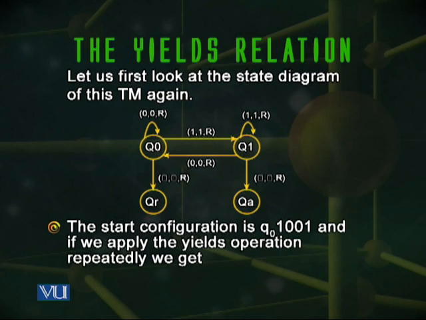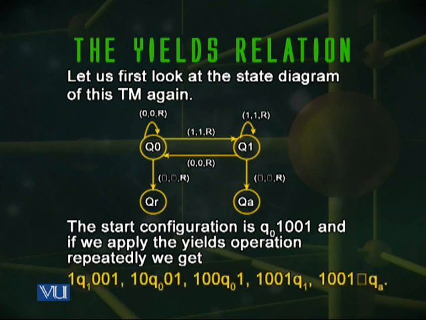Now, if we apply the yields operation repeatedly, what do we get? Well, let's see. Delta of q0, 1 is q1, 1, R, which means the machine is going to move right, and it's not going to change the symbol 1, but it's going to change its state to q1. So the new configuration is going to be 1 q1 001. After that, the machine is in state q1, so we go and look at the delta function and see what is delta of q1, 0.